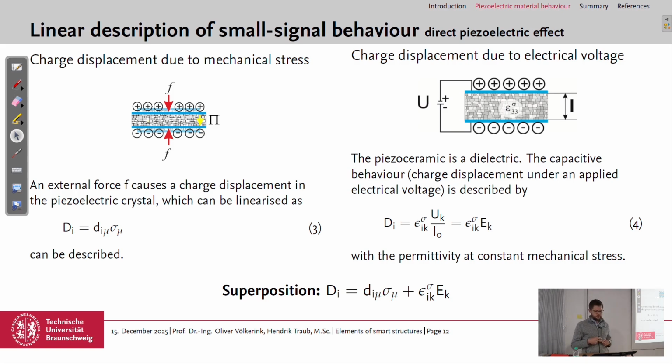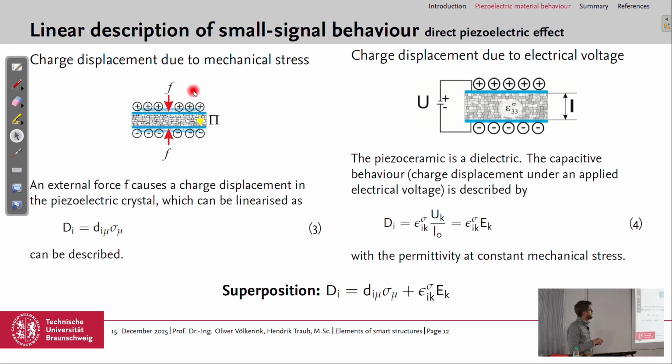Okay, then we can do the same for the direct piezoelectric effect, where we have the electric displacement D, and this electric displacement can be caused by a mechanical stress, or here a force applied. So we have an external force acting on the piezoceramic, and then we have a charge displacement, and this can be described by the piezoelectric charge constant times the external stress.